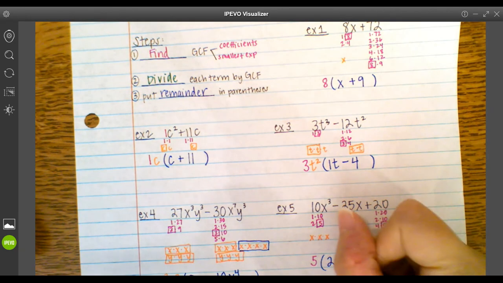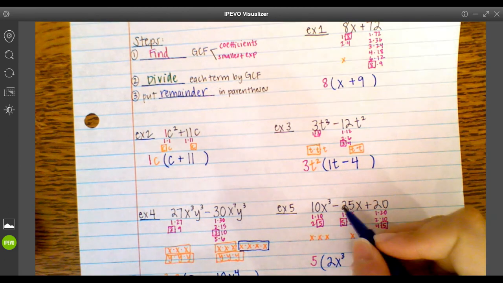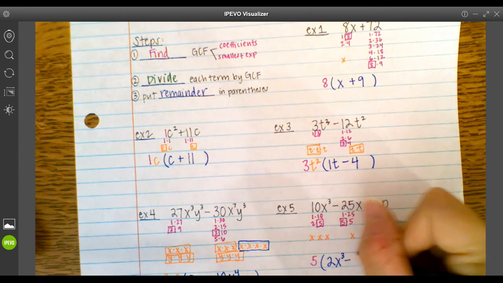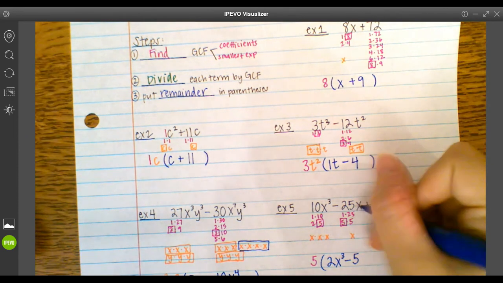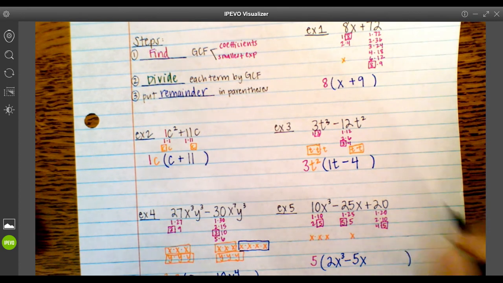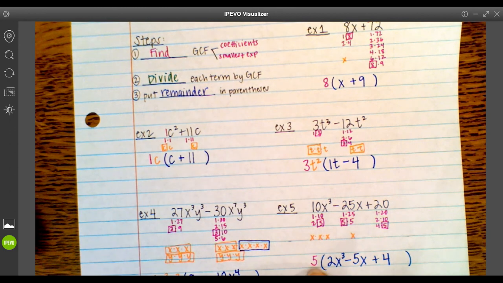And we still have our x cubed involved since we did not take out any common x's. So negative 25 divided by 5 is negative 5. Again, the x stays because we did not pull out a GCF of x. And last but not least, guys, a positive 20 divided by 5 is a positive 4. And that is our remaining piece after we pull our GCF.